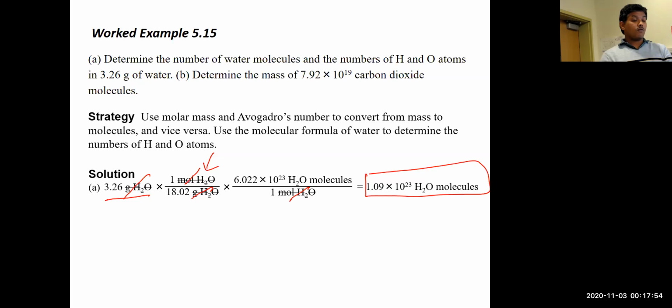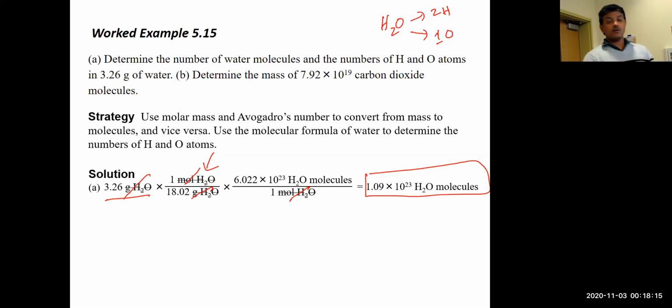So in 1.09 times 10 to the power of 23 H2O molecules, how many hydrogen atoms are present? For that, you need to know how many hydrogen atoms are present in each water molecule. There are 2 hydrogen atoms and 1 oxygen atom.